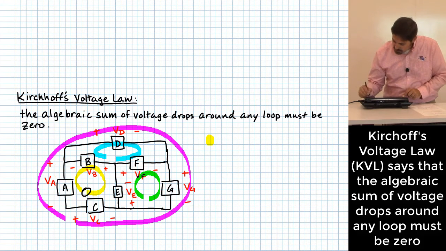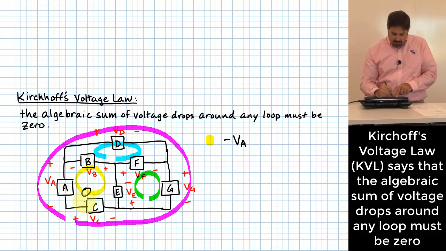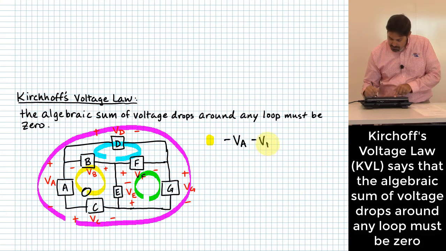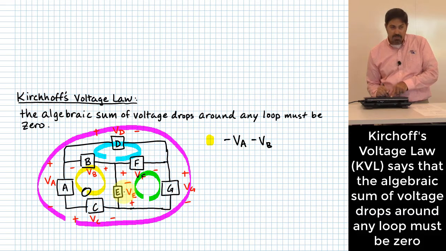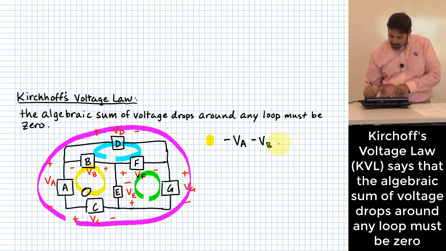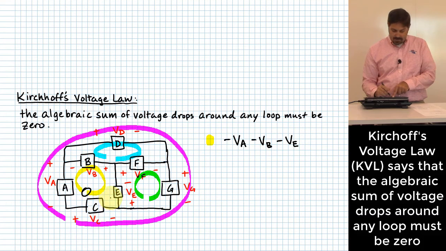Minus, right? So I would start with minus VA. Okay, then I'll go around up to B. How do I count that one? Same way, minus VB. Then what? Okay, VE, the 2 terminals for that look like they're arranged the same way again, so minus VE. Okay. Anything else?